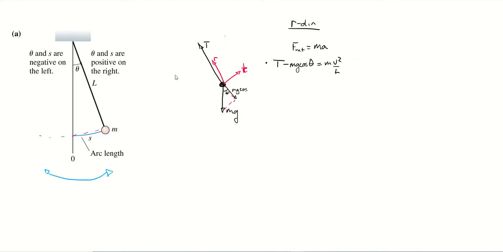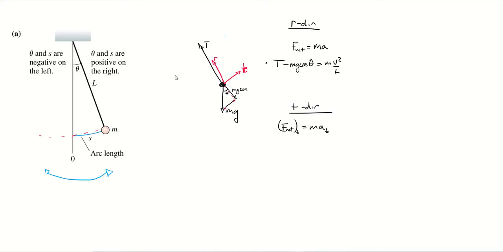That's all well and good, but what we're really interested in is its motion in that tangential direction. So if we look at the tangential direction, again the net force in that direction is equal to mass times acceleration in that tangential direction. The tension has no component in the tangential direction.